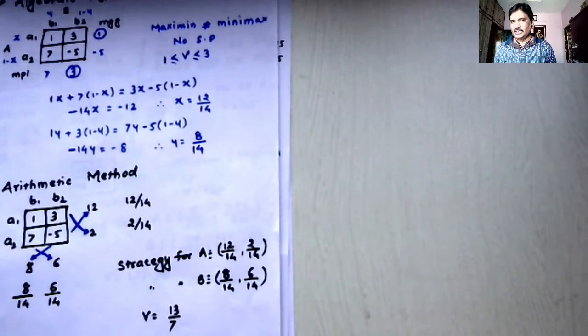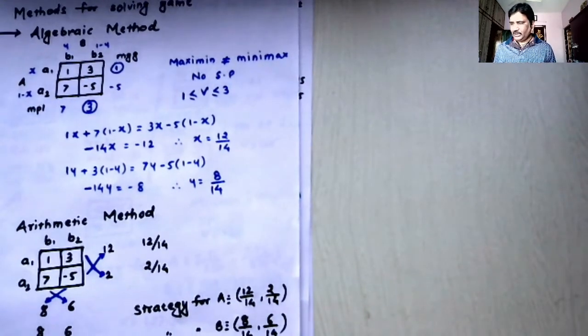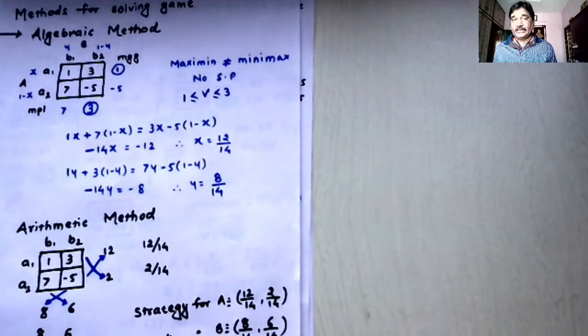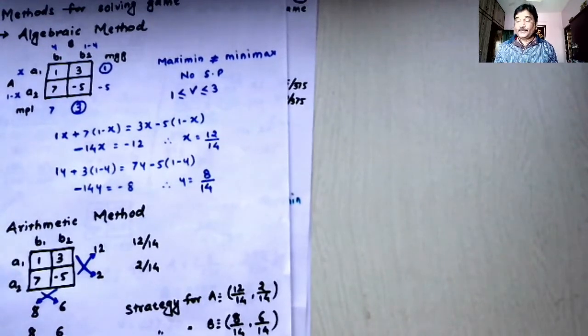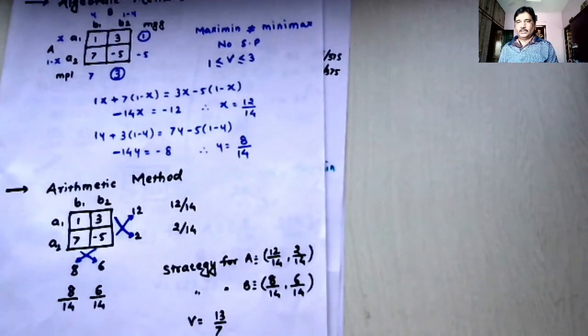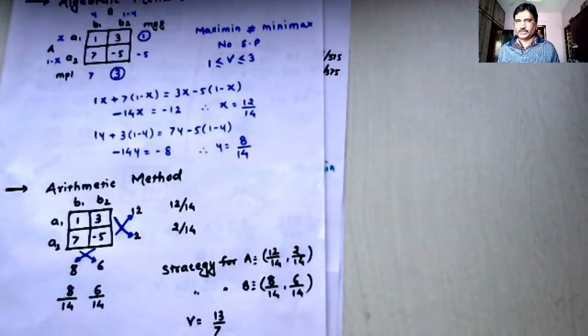But this method is applicable only to 2 by 2 games. The arithmetic and algebraic method is a very primitive method. If your game is 2 by 2, or if it finally gets reduced to 2 by 2 by the principle of dominance, initially it may be of bigger size, but if finally it gets reduced to 2 by 2 size.